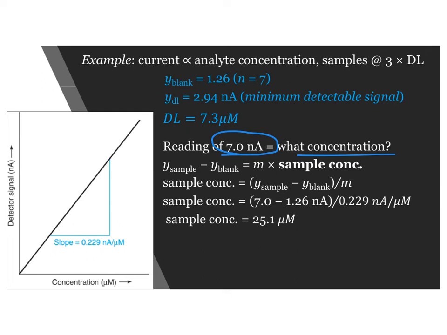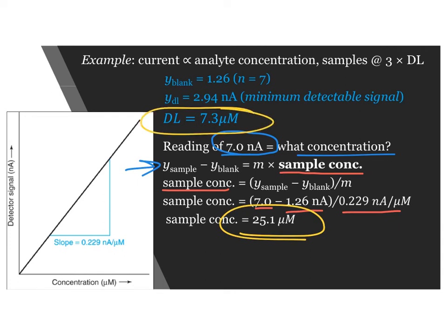Using our equation, Y sub sample minus Y sub blank equals the slope times the sample concentration, we can rearrange to solve for the sample concentration. Y sub sample is 7.0, Y sub blank is 1.26, and our slope is 0.229 nanoamps per micromolar. Running through the math, we get a sample concentration of 25.1 micromolar. Since this value is well above our detection limit of 7.3 micromolar, we can report the actual value.